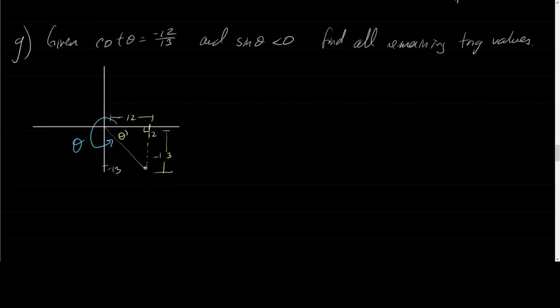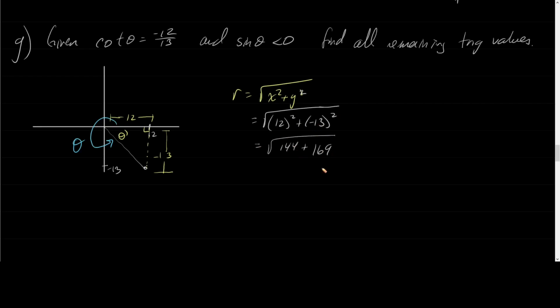Our r, well, let's figure out what that is. So r is equal to the square root of x squared plus y squared, which is the square root of 12 squared plus negative 13 squared. So 12 squared is 144, 13 squared is 169, adding those up, we get 313.